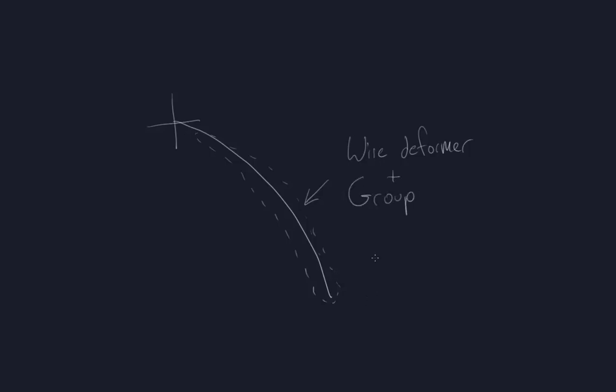So it's adding those two motions together and getting double transformation. Now, that's not necessarily a problem. It's very, very easy to fix. What we're going to do is tell the group to no longer have any effect on our object, so that the stem is really only controlled by that wire deformer.